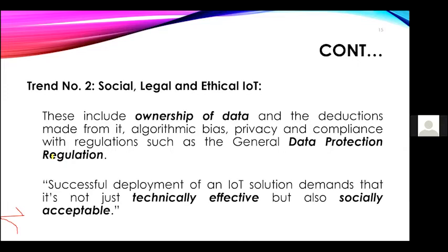Successful deployment of an IoT solution demands that it's not just technically effective, but also socially acceptable. Socially acceptable is, in the current world, equally important. If something is technologically very good, but it is putting a negative impact on the society, definitely that has to be questioned.